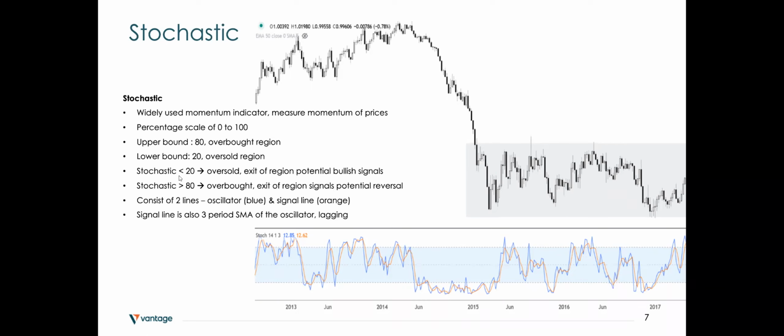So if you are buying in a bullish trend, when it enters stochastic above 80, it's usually a signal and an indicator telling you that buying momentum is at its highest right now, and we should not buy at such a premium price.